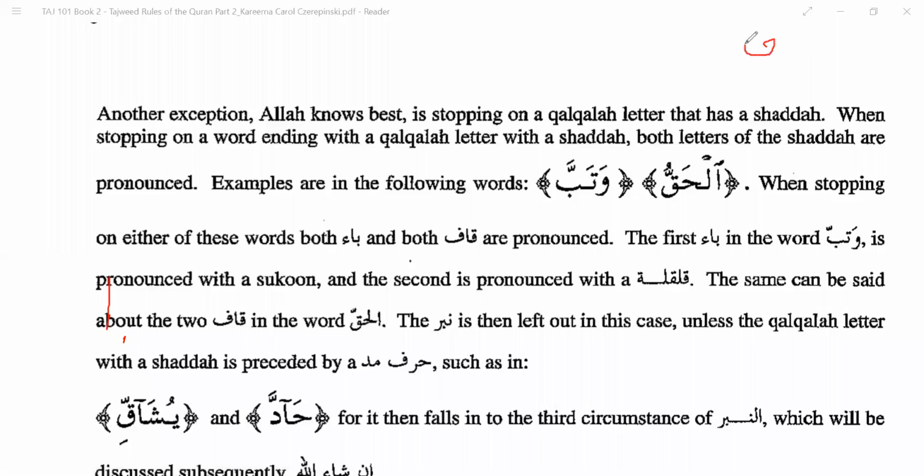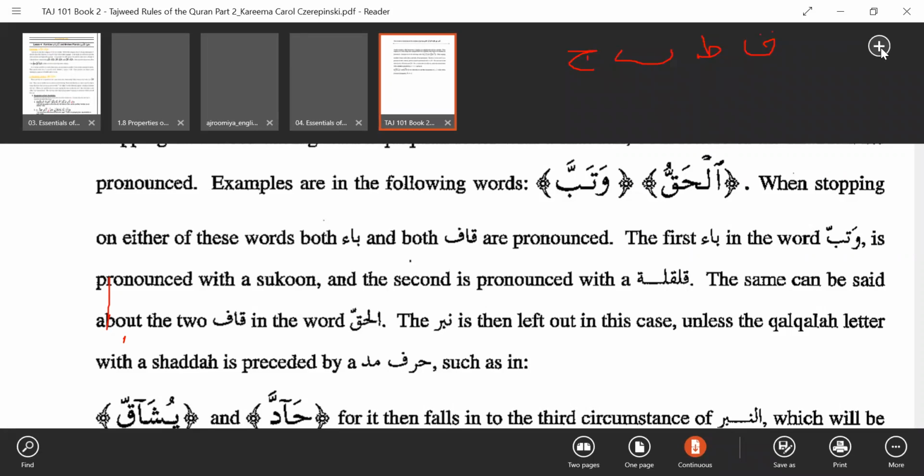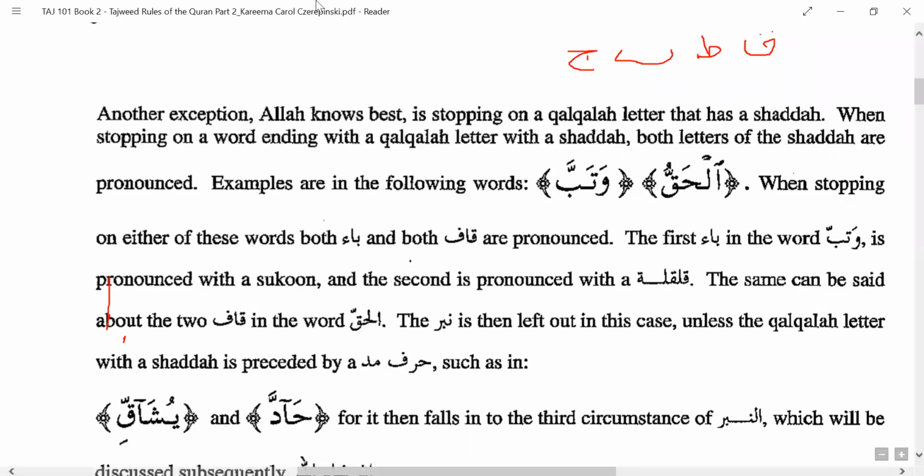So you have qaf, ta, ba, jim, and dal. So there are 5 alphabets.